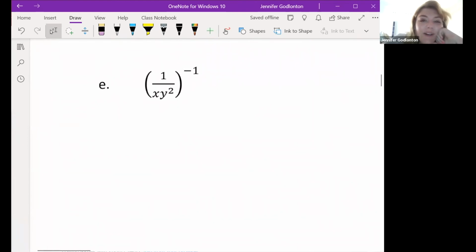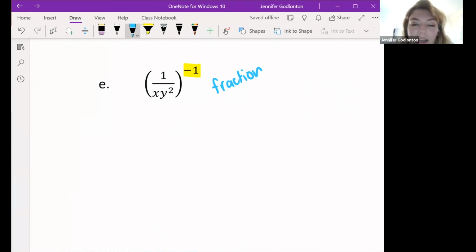So now this one looks really horrible. Okay, but there's a trick. As soon as you have any kind of fraction like this, a fraction that has a negative exponent, I'm just going to write that out over here. If we have a fraction and it has a negative exponent, we get to do something quite cool.